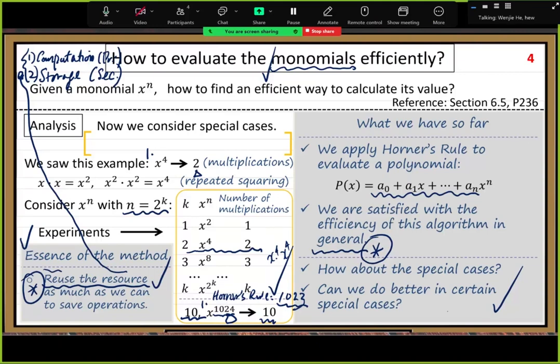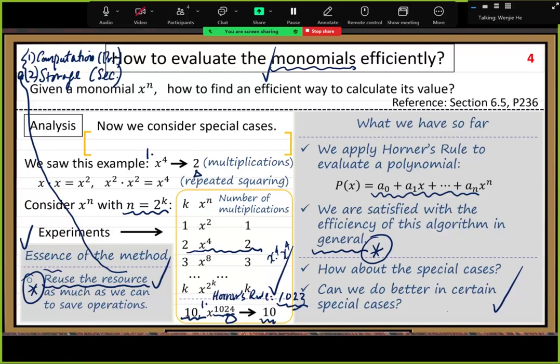So next question, how to reduce computation resource? There is a general answer: reuse your computation resource. Reuse as much as you can. That's the general way we reduce the computation resource.